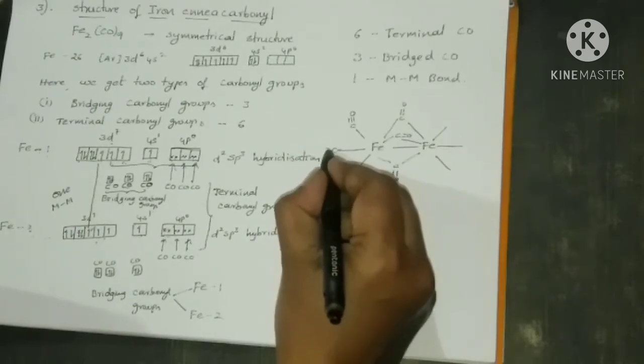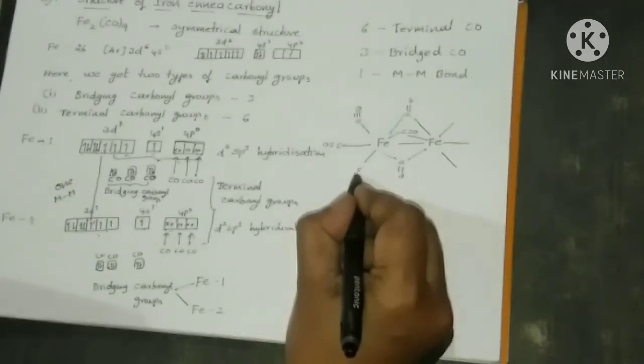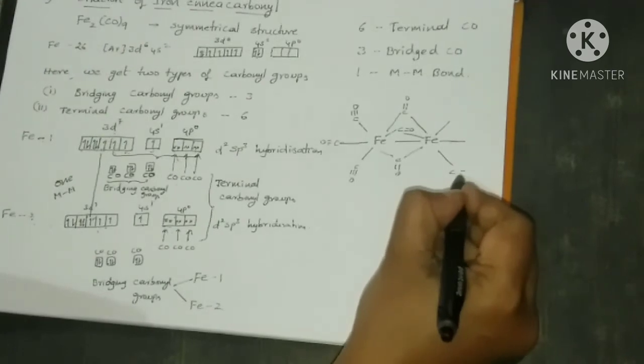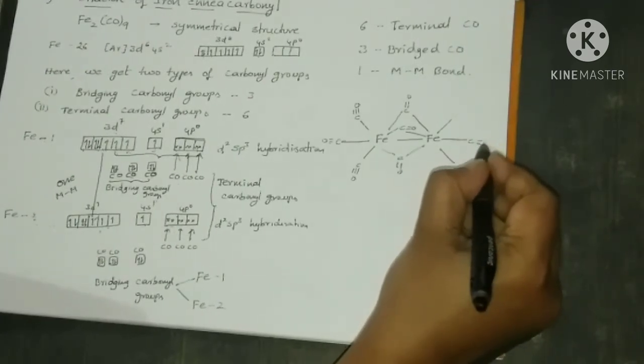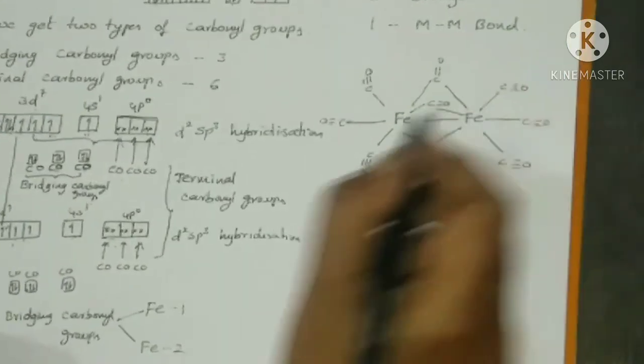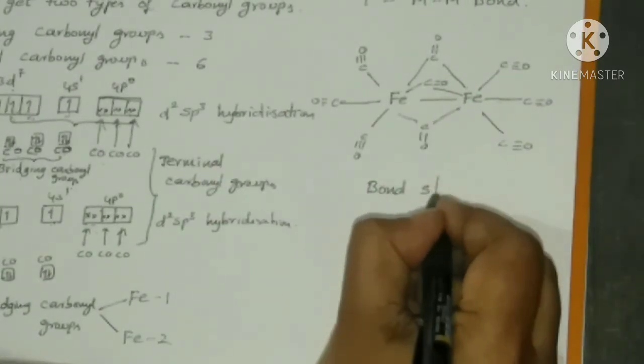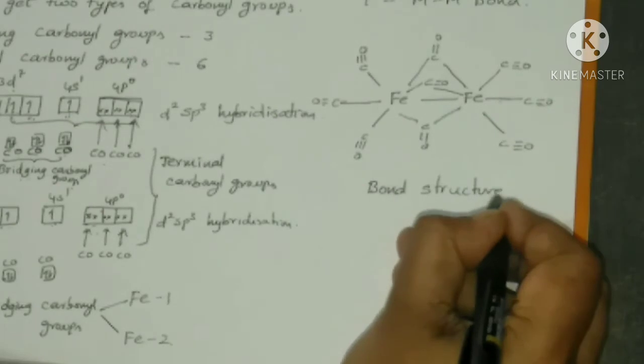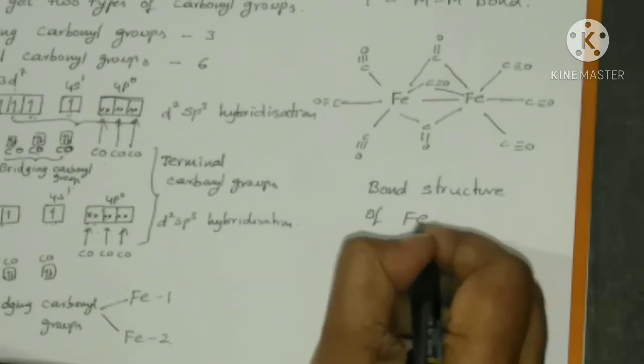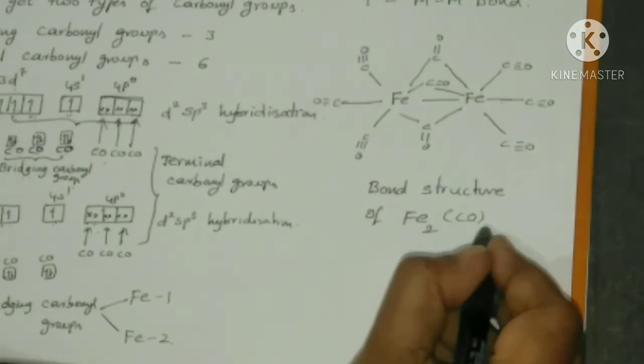Like this. So this is the bond structure of Fe2(CO)9. This is called diiron nonacarbonyl.